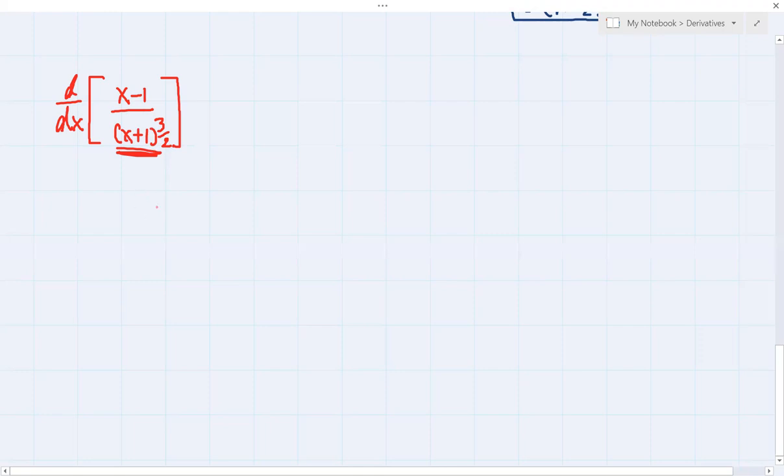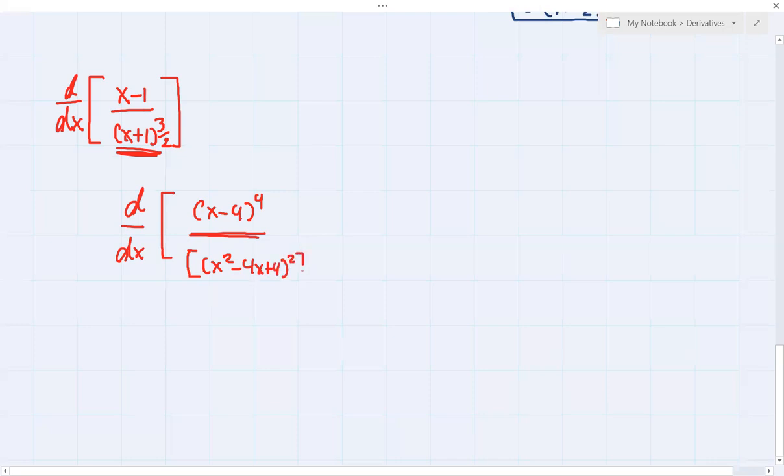Kunwari, let me give you an example guys ha. So, kunwari ito. Okay? The derivative of, kunwari, meron tayong x minus 4 raised to 4 all over the cube of the square of x squared minus 4x plus 4.